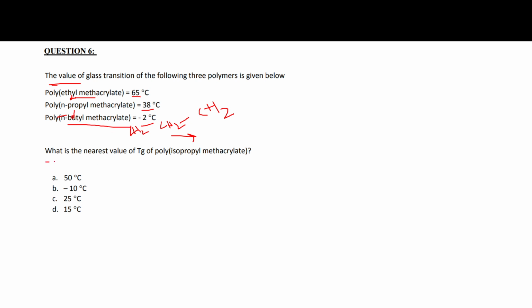Then you have to predict the Tg of polyisopropyl methacrylate. Isopropyl means the CH3 is here.